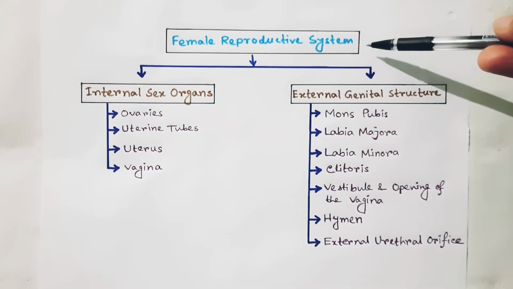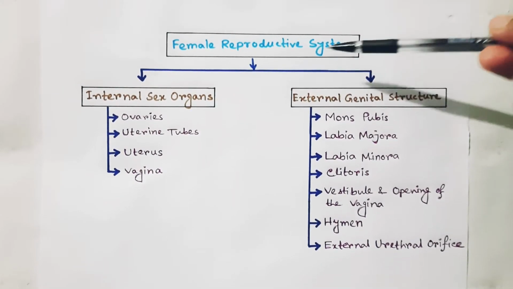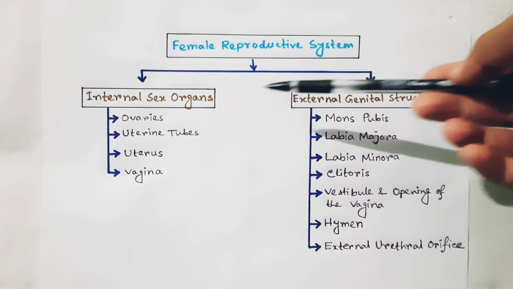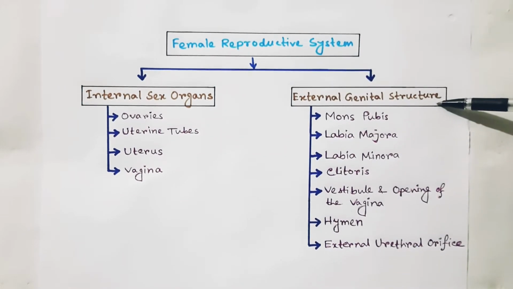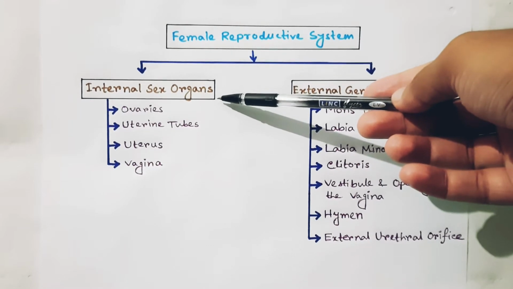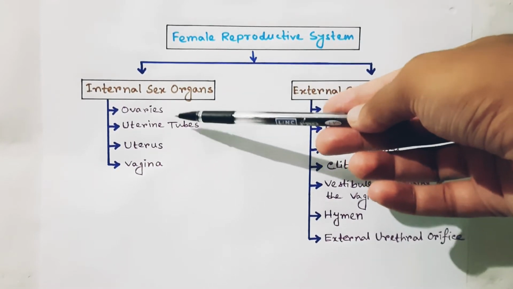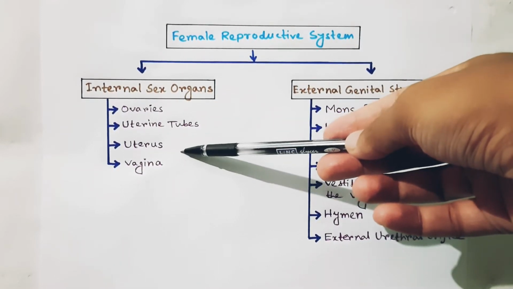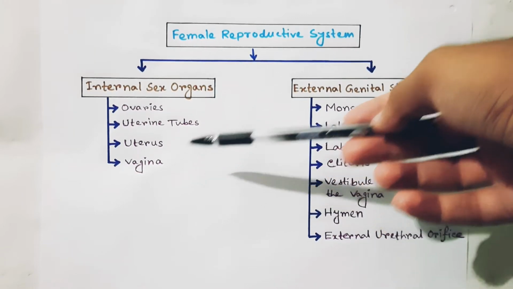The female reproductive system in humans consists of internal sex organs and external genital structures. The internal female reproductive organs are the ovaries, uterine tubes, uterus, and vagina.